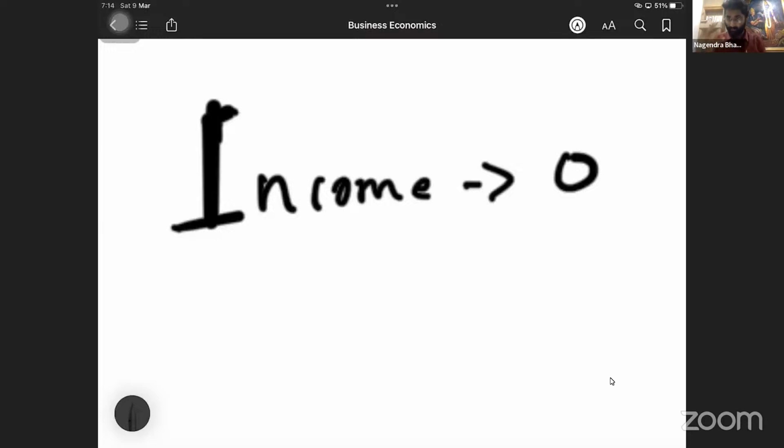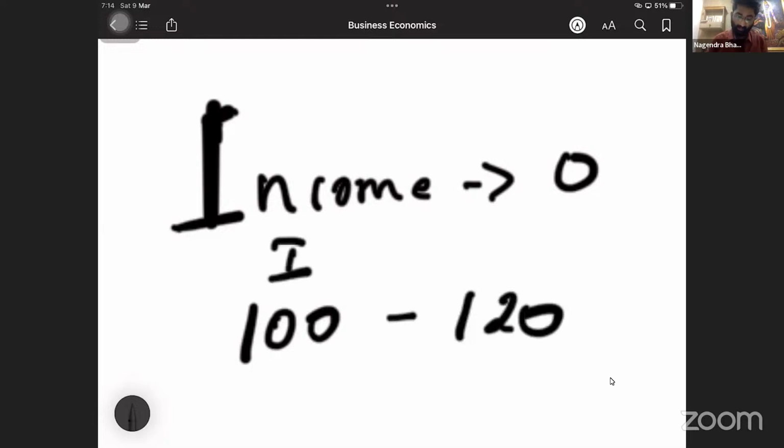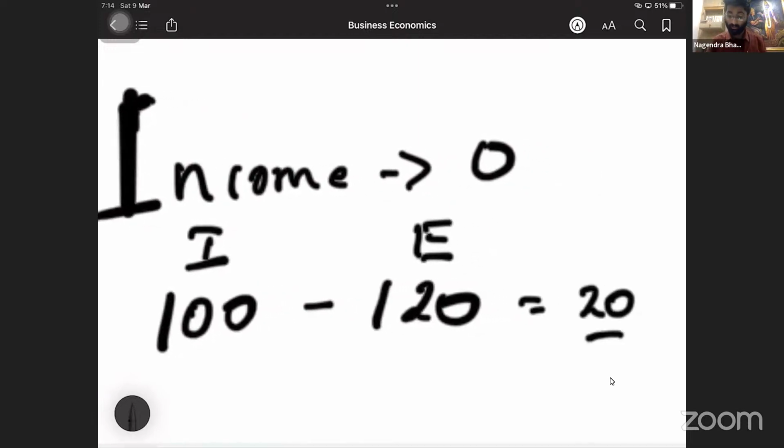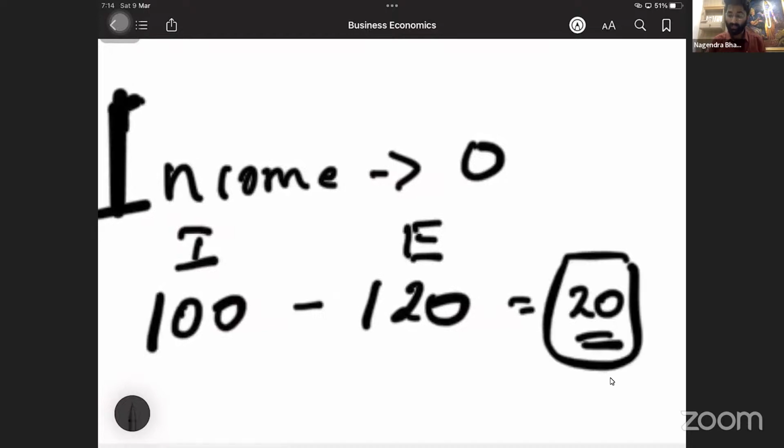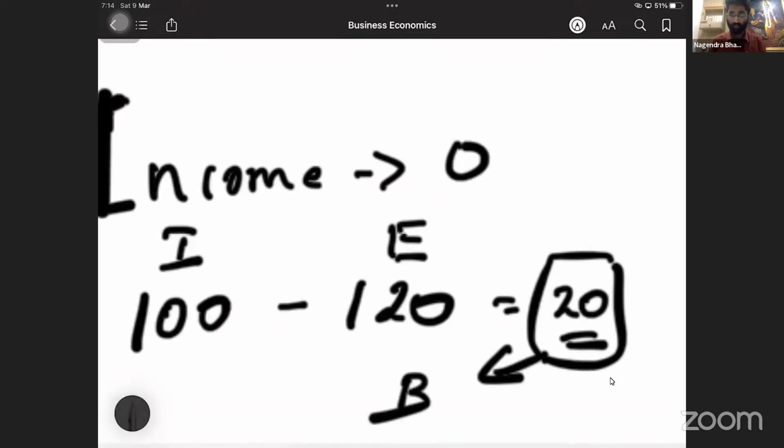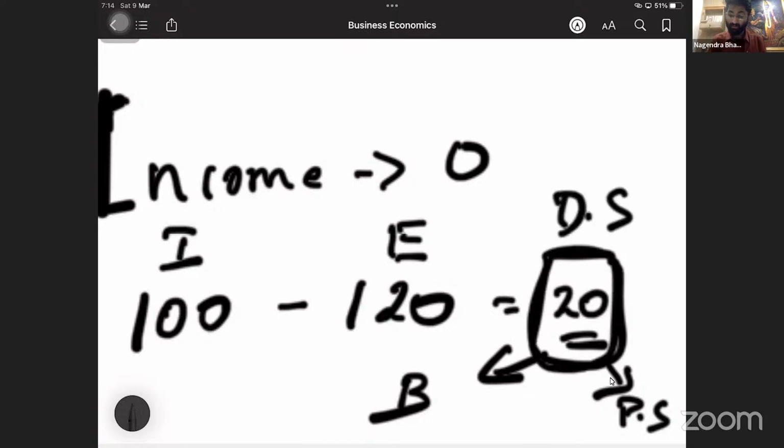And if he starts borrowing, there is something called dis-savings. Suppose my income is 100 and my expenditure is 120. What to do with this 20 rupees? I have to borrow from someone, or use my past savings. That 20 rupees is called dis-savings.